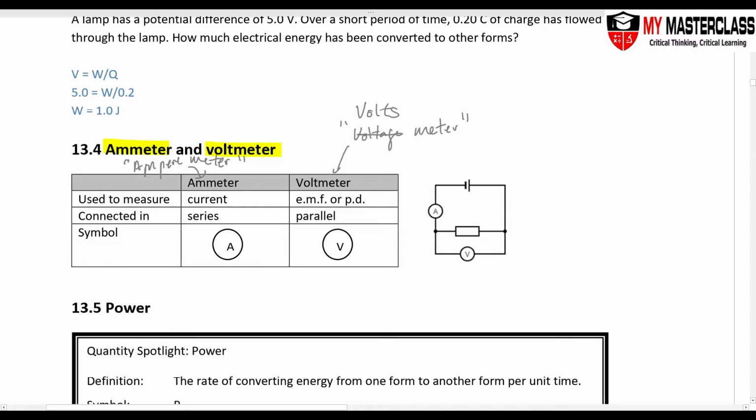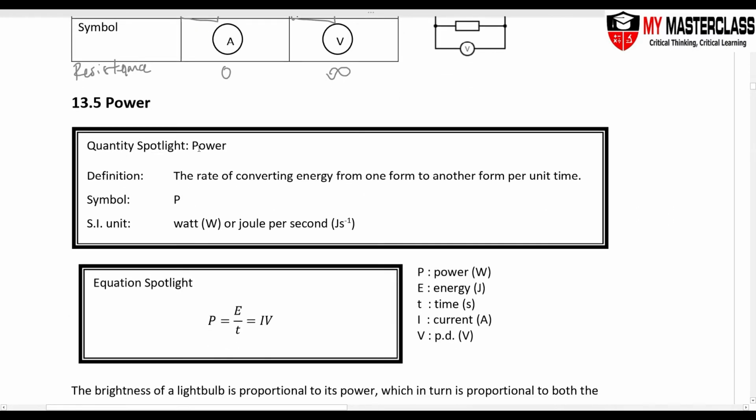Next, ammeters are always connected in series and voltmeters are always connected in parallel. The symbol is a circle with an A in the middle and a circle with a V in the middle. One more thing to take note of is that the resistance of an ammeter is given to be 0, and the resistance of a voltmeter is given to be infinity. We will cover the idea of resistance in a bit.